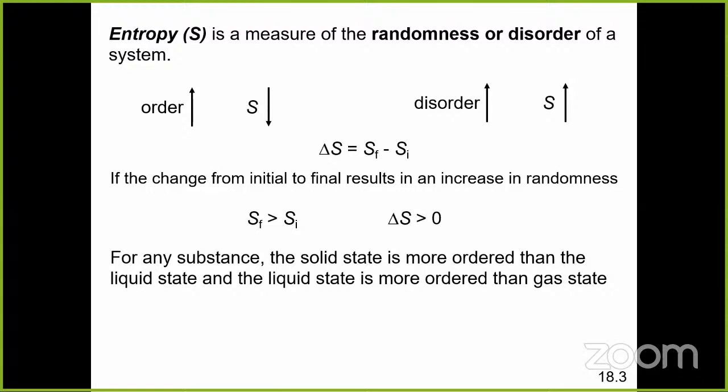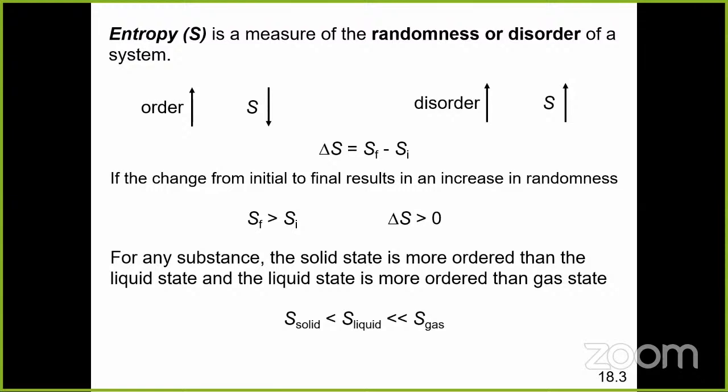So you can conclude that a liquid is more disordered than the solid, so the entropy of a liquid would be greater than the entropy of the solid of the same substance. And going from the liquid to the gaseous state is even more disordered, so the entropy of the gas would be greater than that of the liquid and the solid.